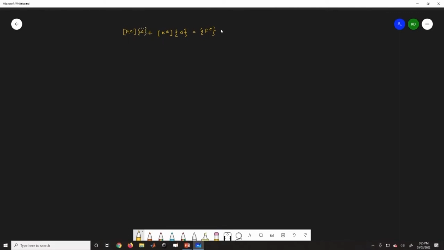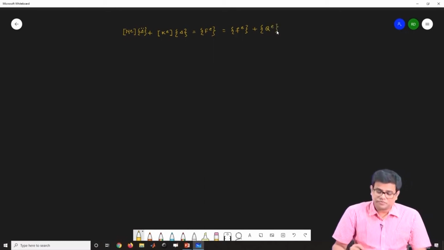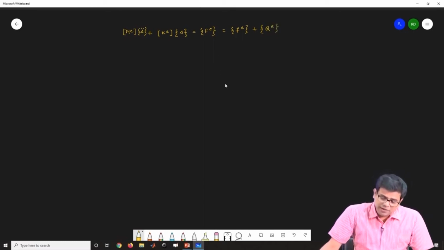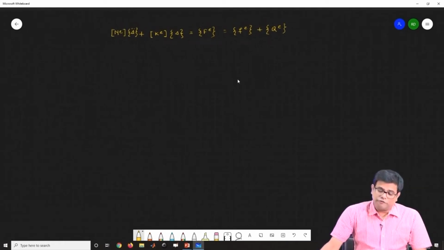The Fe has two components: one component is due to body force, small fe, and the traction vector that we found from the weak form.